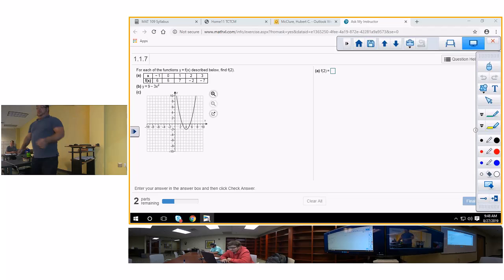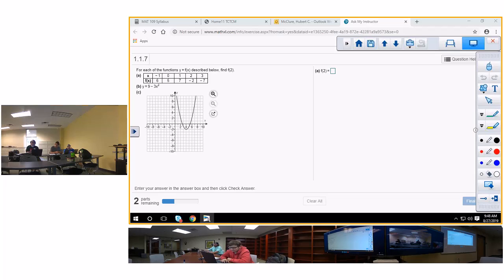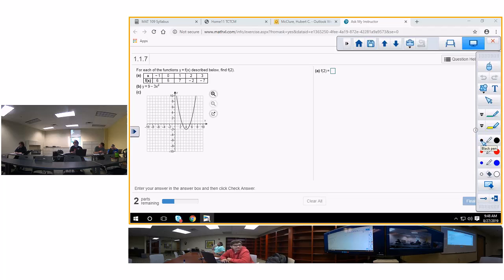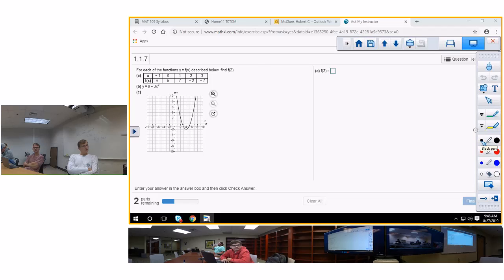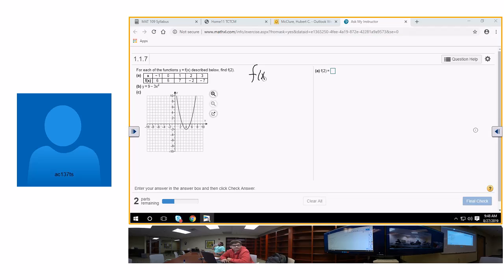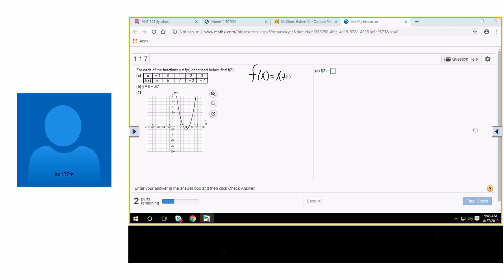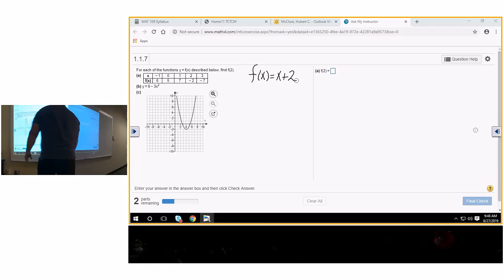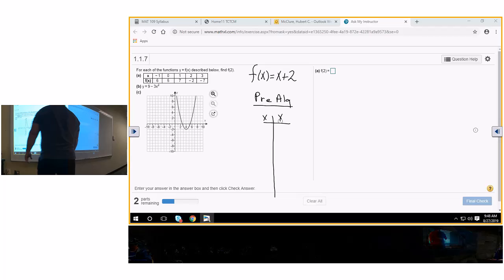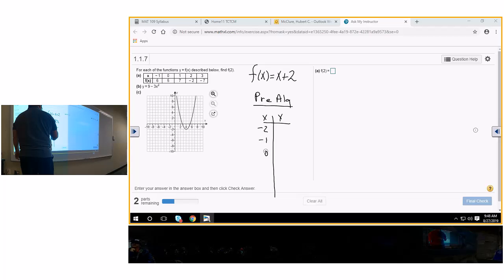So anytime you have a function, f of x is equal to x plus 2, you can do it the pre-algebra way, back when you didn't know how to do anything. You can put an x here and a y here, and you can put -2, -1, 0, 1, and 2.